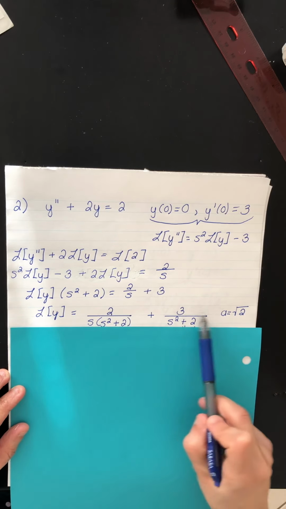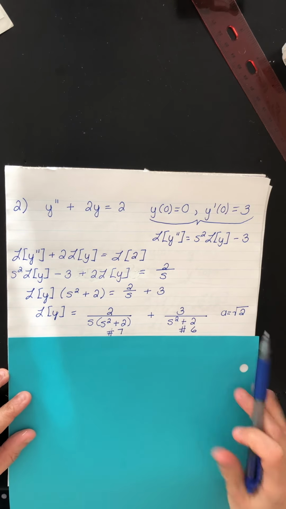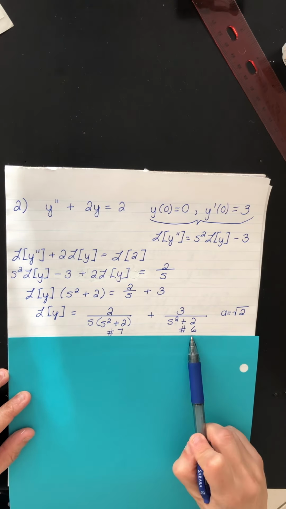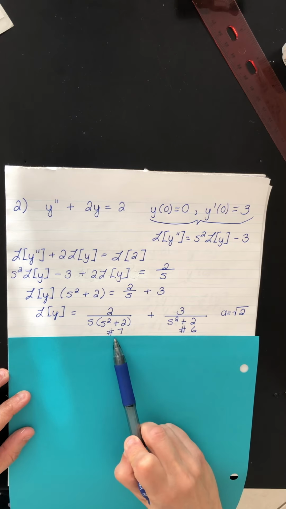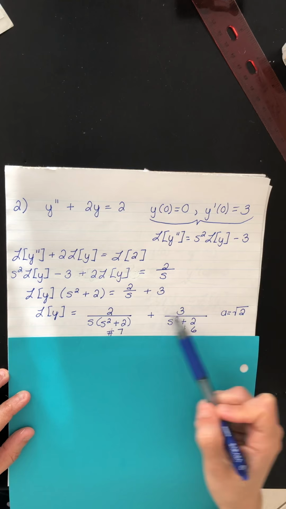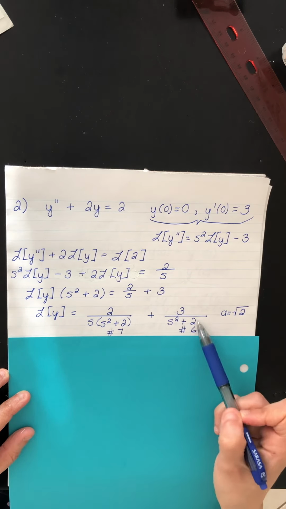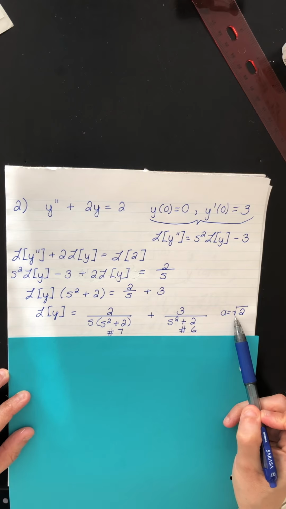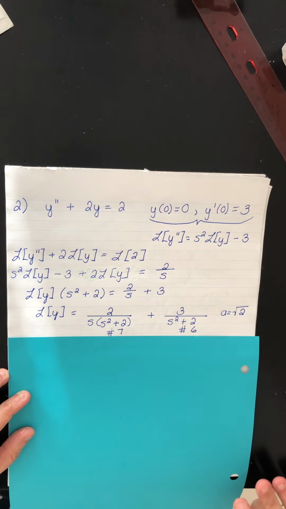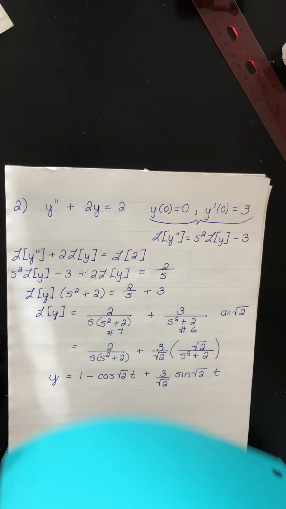Next, you would go to your transform table to find these. And I will direct you to numbers 7 and 6. In 7 and 6, this number right here would be a squared. a squared. And therefore, a becomes the square root of 2. So let's take a quick look at those 6 and 7 in the transform table.